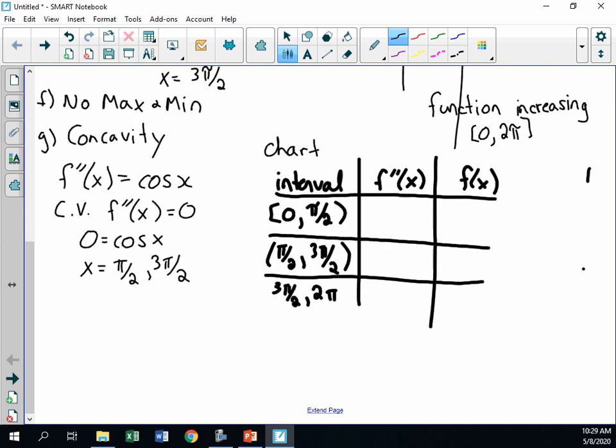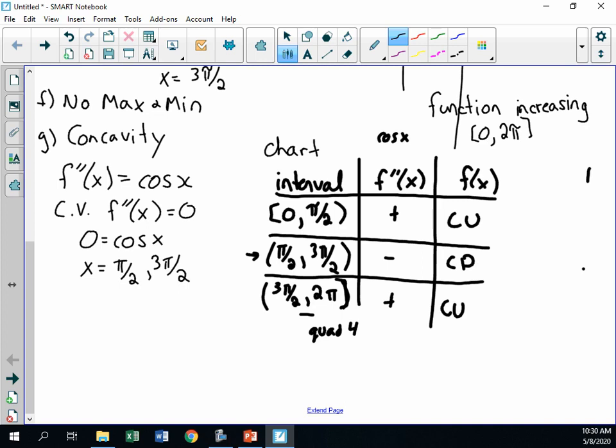And I don't even need to pick values because I know I'm in quadrant 1, and cos x in quadrant 1 is positive, so it's concave up. What do I know about here? In this one, this is quadrant 2 and 3, and I know it's negative, concave down. And then again, over here, this is quadrant 4, and cos x is positive, concave up.